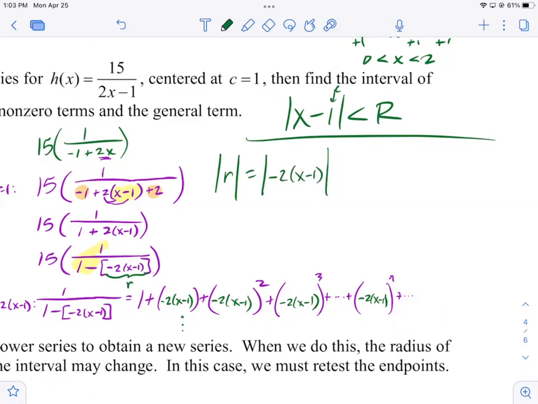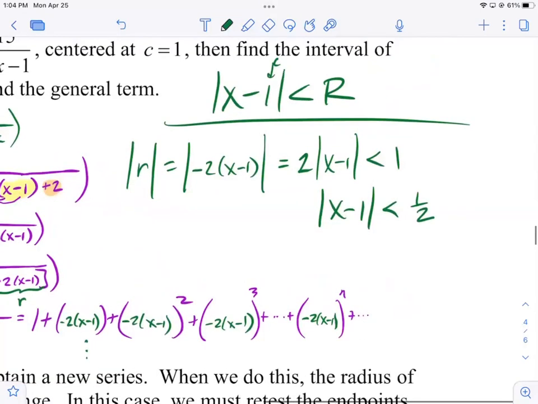I could bring the -2 out as long as I make it positive. That's the same as +2 absolute value of x minus 1, and that has to now be less than 1. So how do I solve for the absolute value? I divide through by 2, and I get the absolute value of x minus 1 is less than 1/2. And guess what the radius is? The ROC then would equal 1/2.